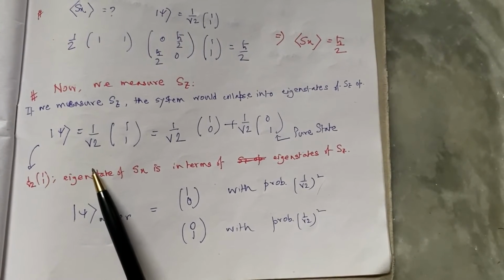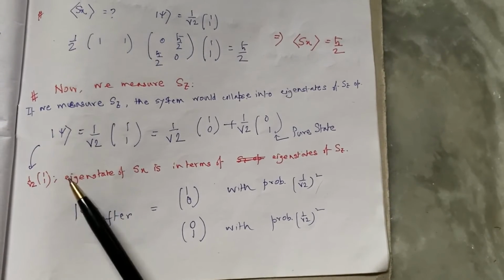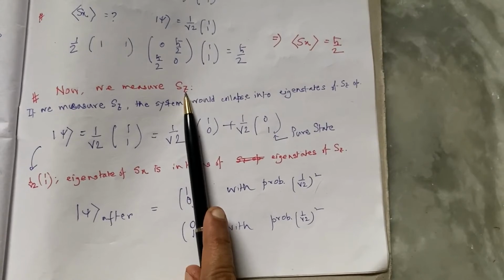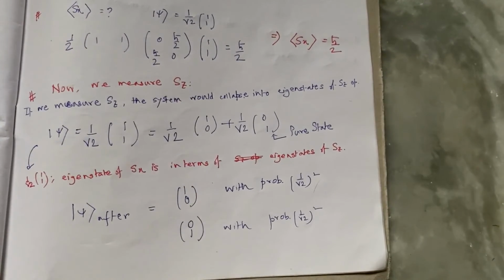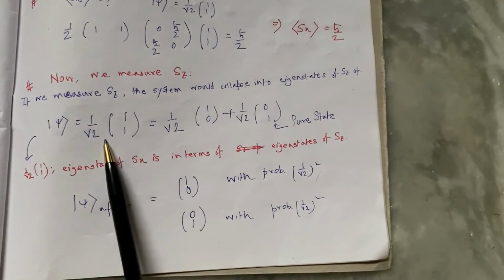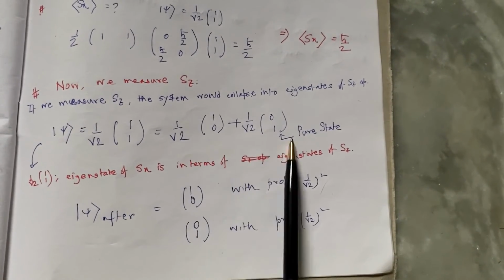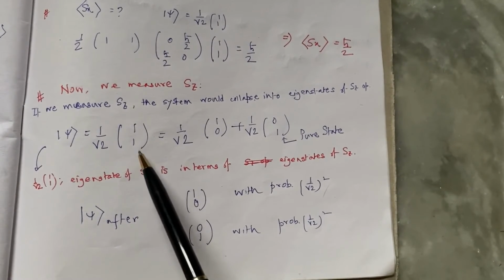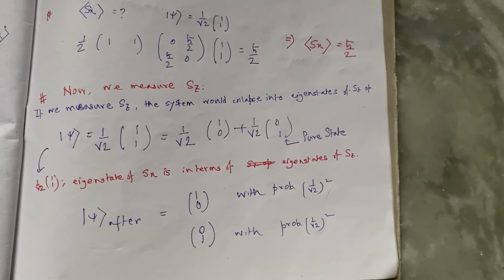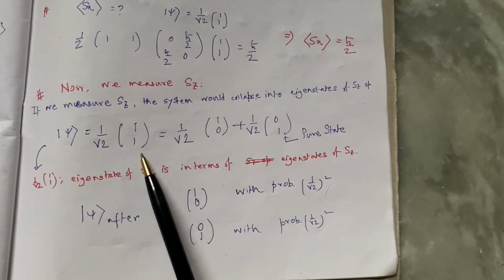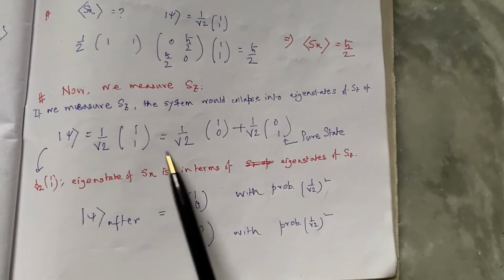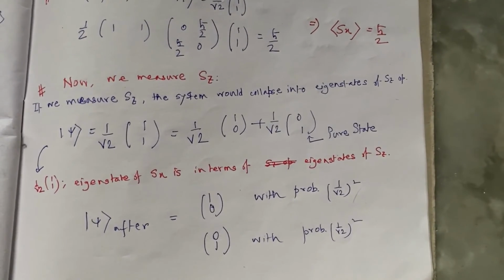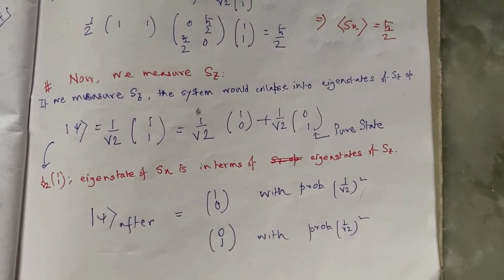Because of the measurement, this system will collapse into eigenstates of this Sz operator, which means this state is now a mixture of these pure states, because I'm trying to measure the value of Sz in this state. So this is the eigenstate of Sx, and now it is written in terms of the eigenstates of Sz, which is the effect of measurement.